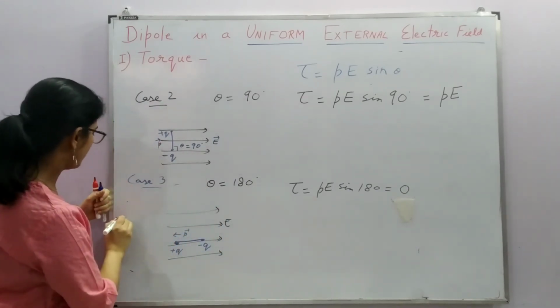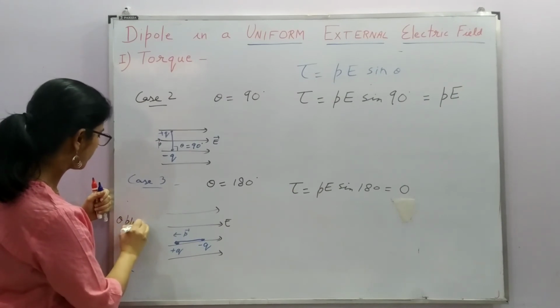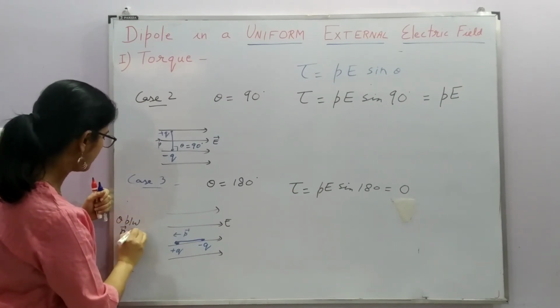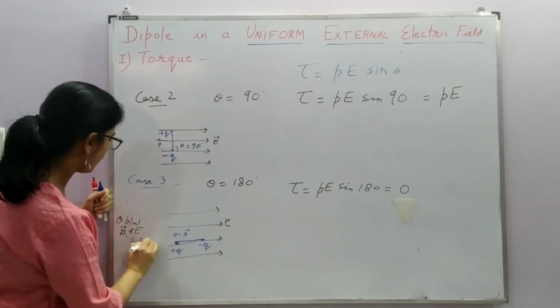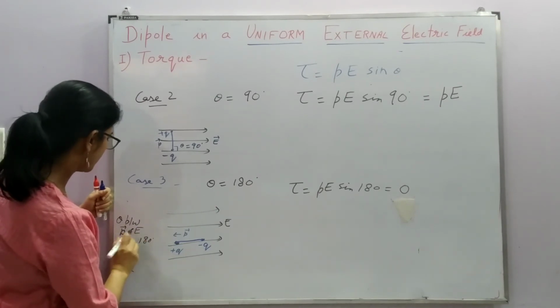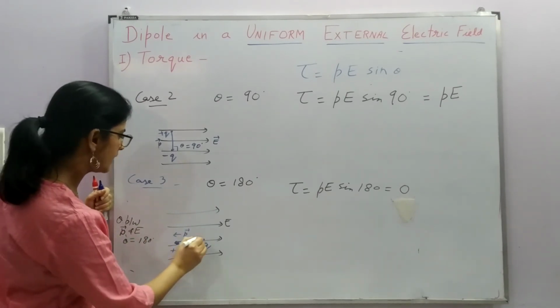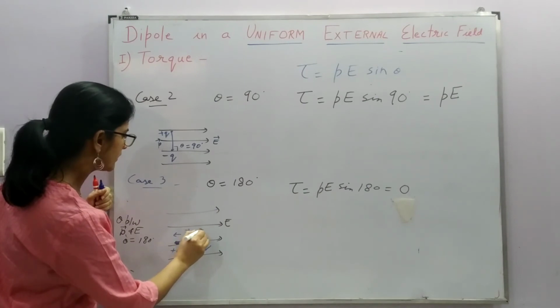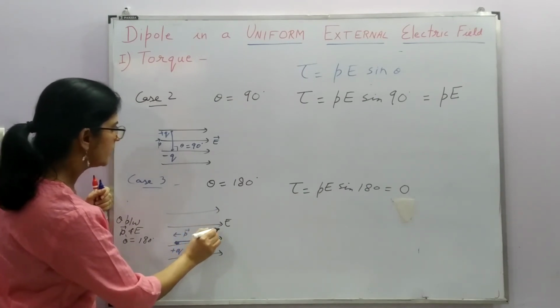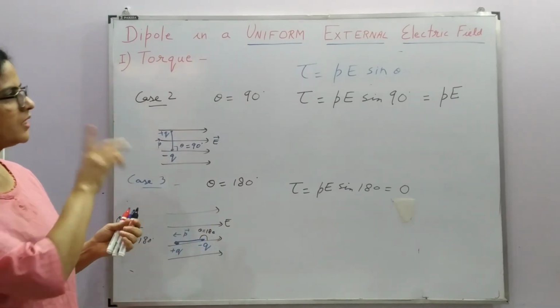So the angle between P and E is what? 180 degree. So this is theta. So you can say that this angle theta is 180 degree. In this case also there will be no torque.